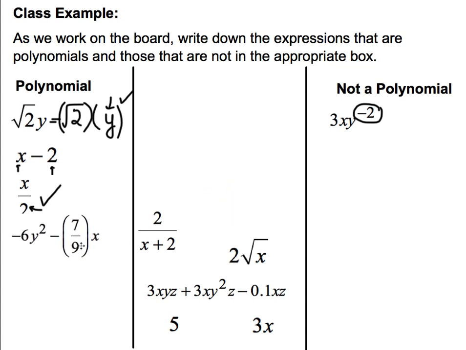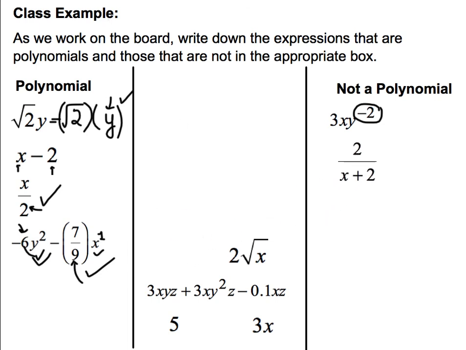This one is a polynomial. Again, you have to look at these variables raised to a 2, which is a whole number. The numerical coefficient can be anything, as long as the exponent passes the test, we're good. So x to the power of 1, that's a whole number, so this is a polynomial. This is not a polynomial, because we have a variable in our denominator.